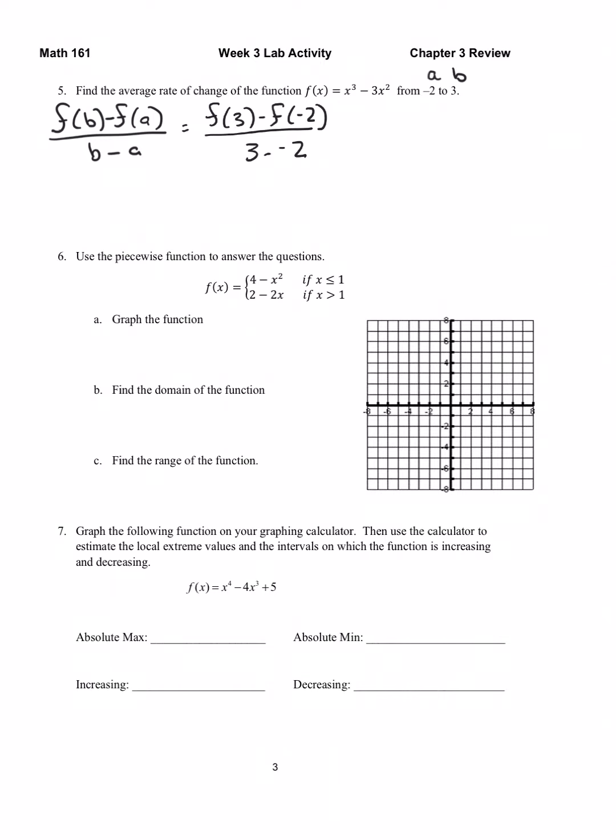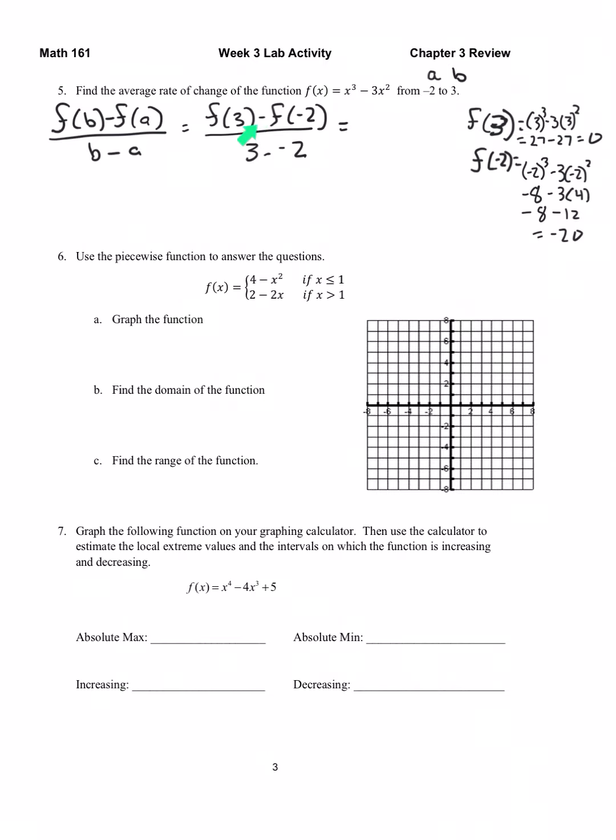Now, in order to do this, we have to figure out what f of 3 is and what f of -2 is. So over here on the side, let's go ahead and figure out what these two values are. So let's go ahead and solve these. So pause the video if you need, but I have the f of 3 equals 0 and the f of -2 equals -20.